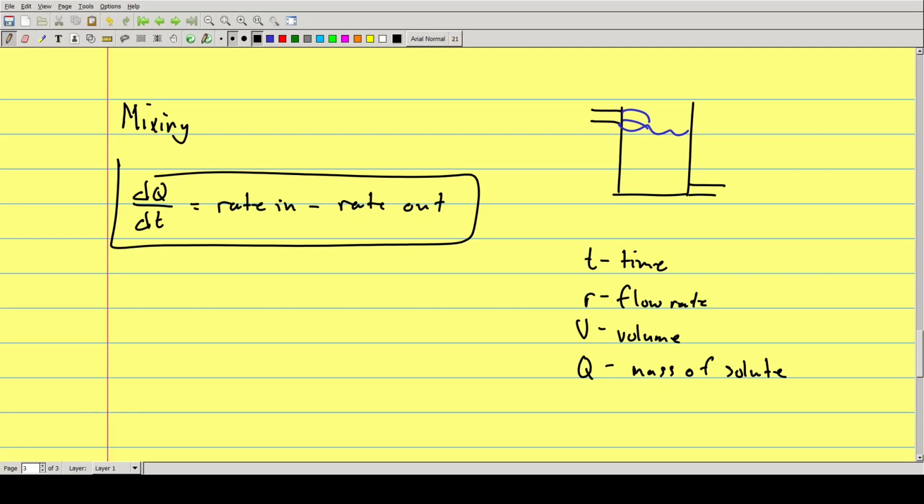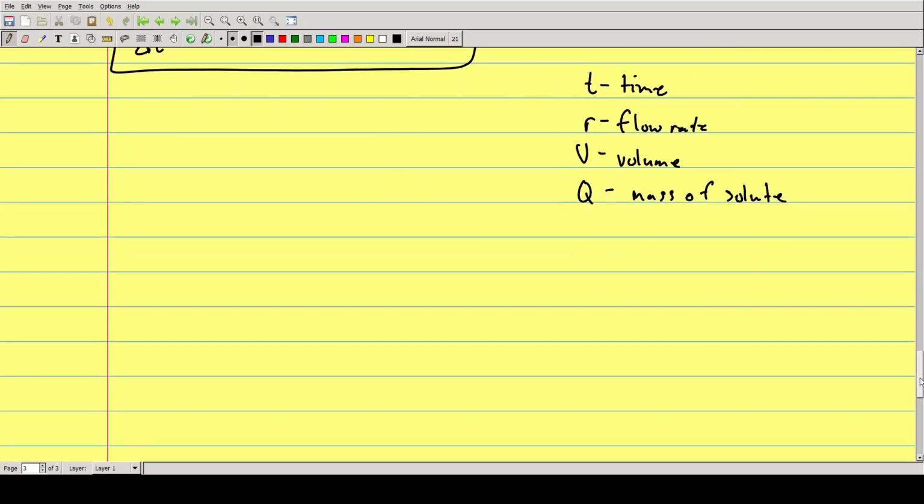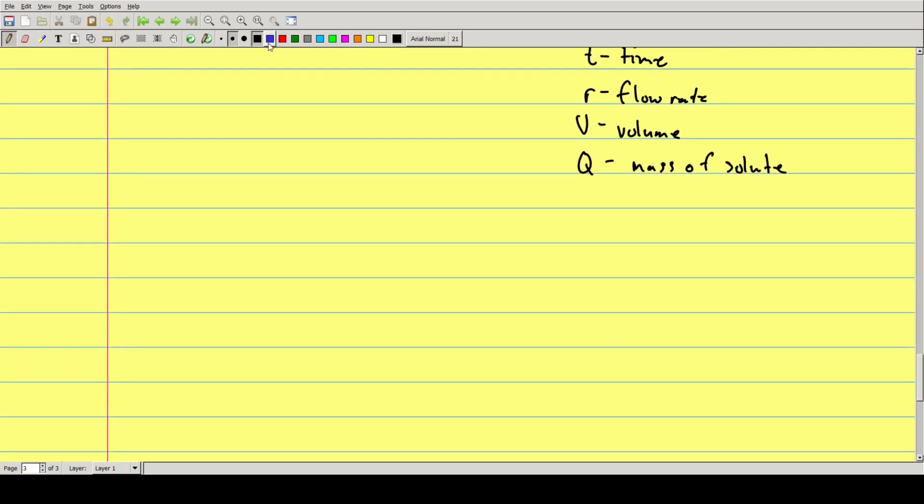Okay? So let's set up an example here. At time 0, a tank has some amount.